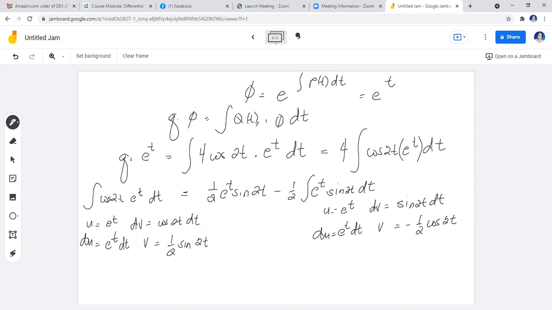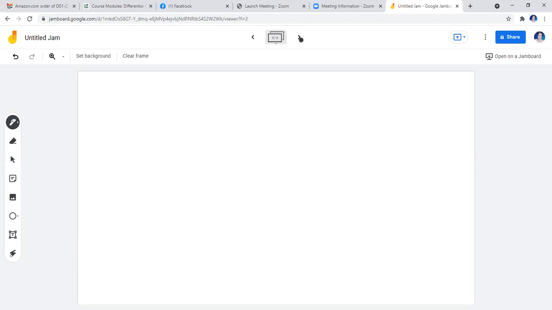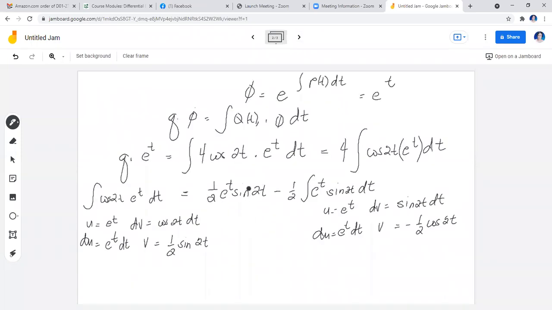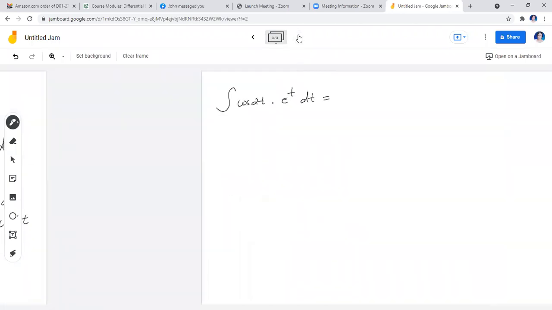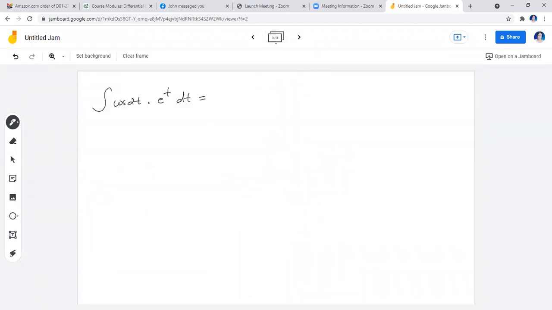Now we will replace this integral that we have here by the equivalent two terms of this. So that we can see clearly, I will write now the integral of cosine 2t times e raised to t dt equal to, our first term here, I'll copy because it's not an integral. So 1/2 e raised to t sine of 2t.